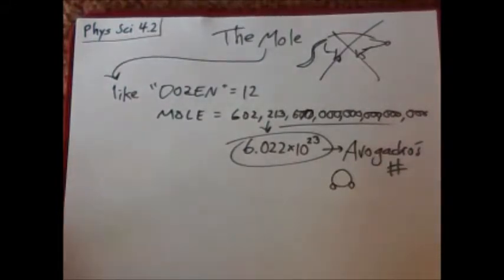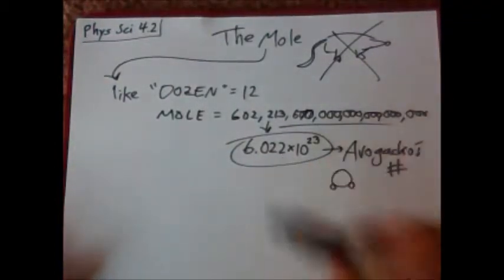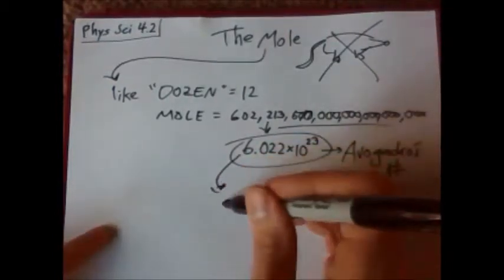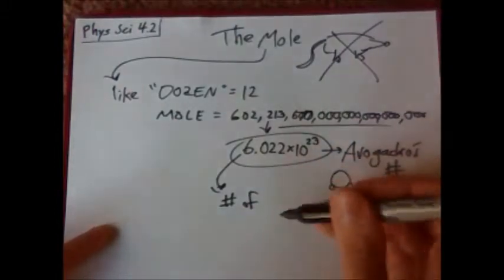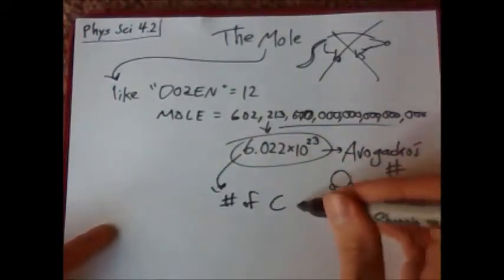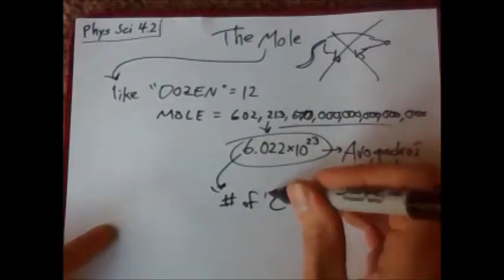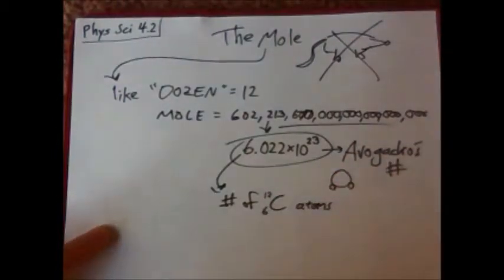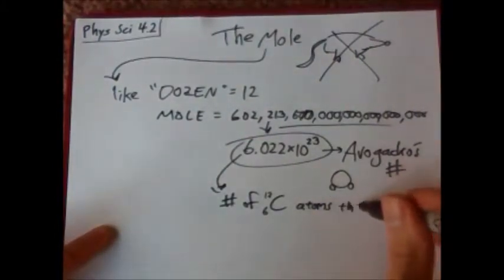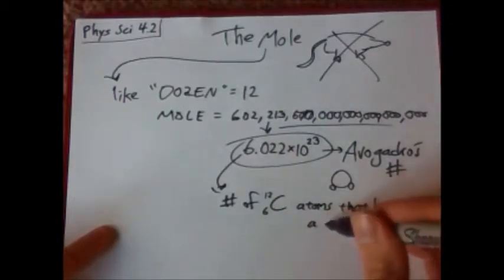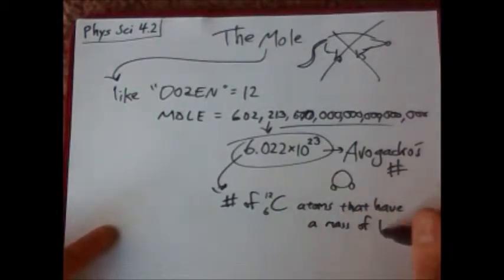It was calculated to be 6.022 times 10 to the 23rd for a specific reason. This is not just an arbitrary number. 6.022 times 10 to the 23rd is actually the number of carbon atoms, and that would be carbon 12 atoms, that would make up a mass of exactly 12 grams.